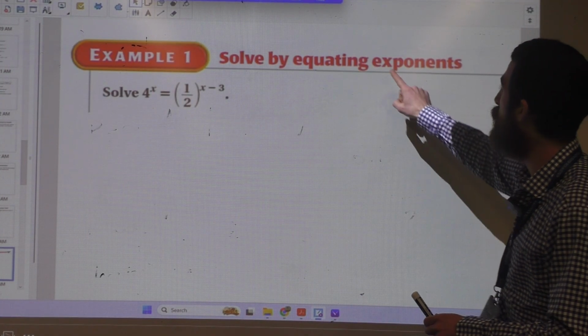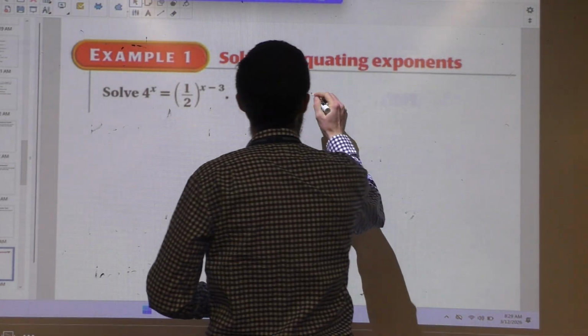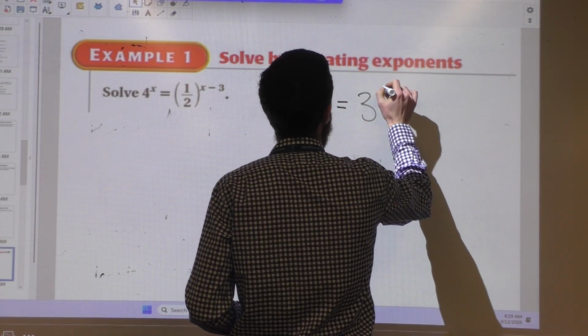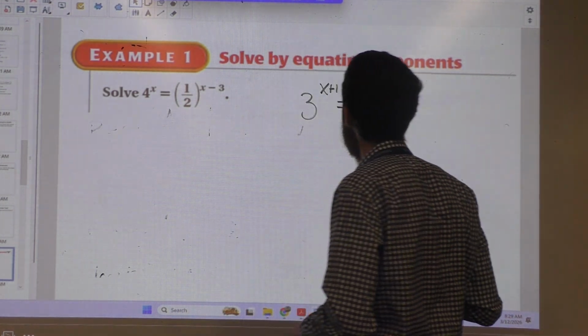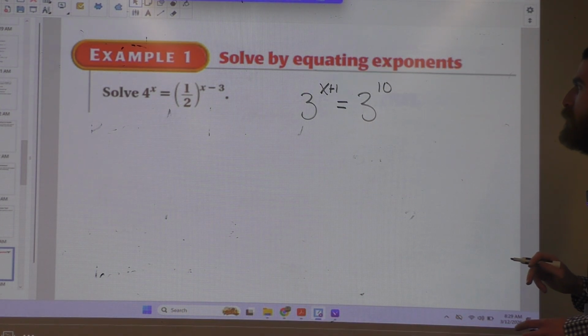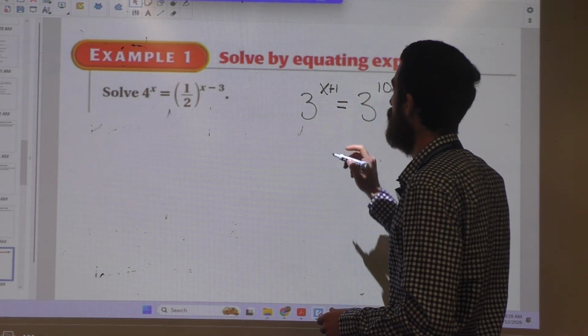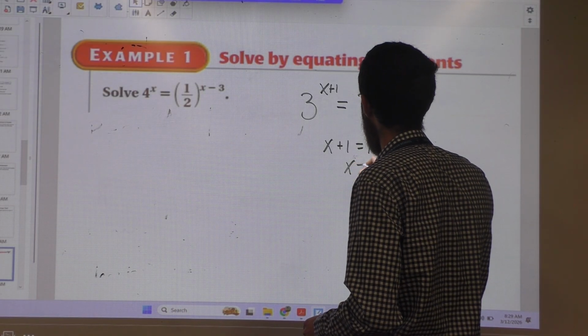All right, solve by equating exponents. What does that mean? Well, to give you a very simple example before we do that, 3 to the x plus 1 equals 3 to the 10th. I don't need to know anything about logarithms to know that the only solution here is to make these two numbers the same. So x plus 1 equals 10, x equals 9.